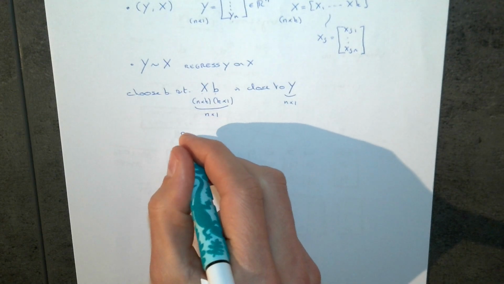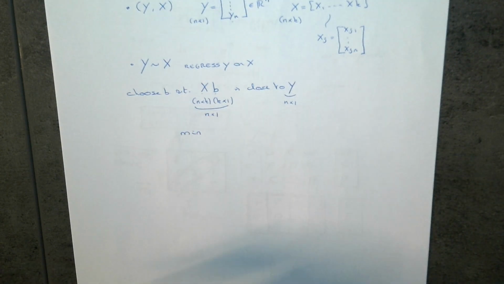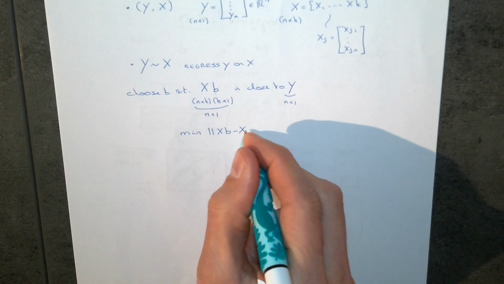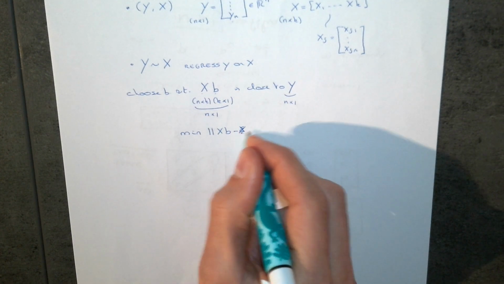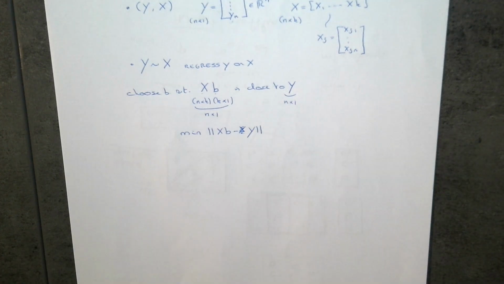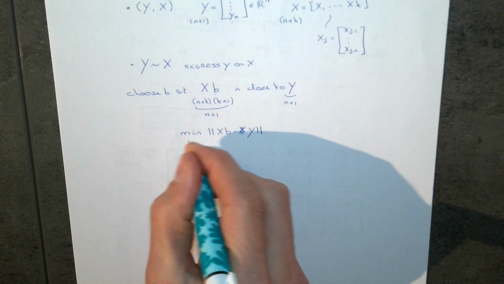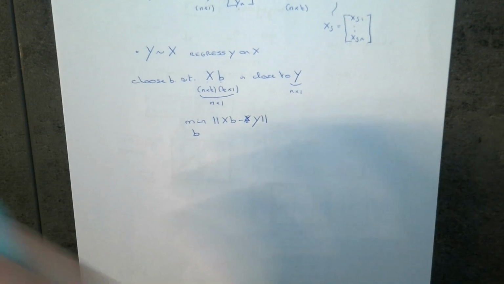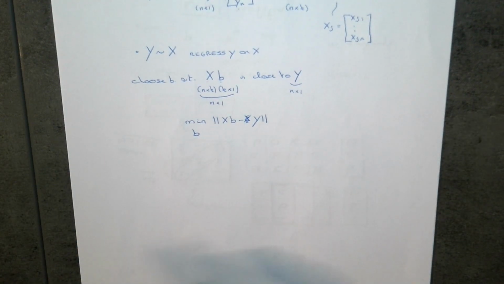So basically what we would like to do is minimize the distance between xb and y. You can do this using the norm by choosing b. Okay, so this is a problem in linear algebra.